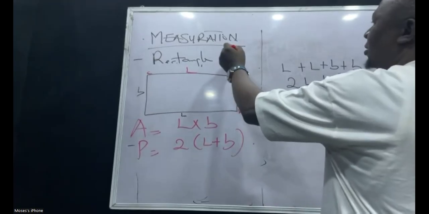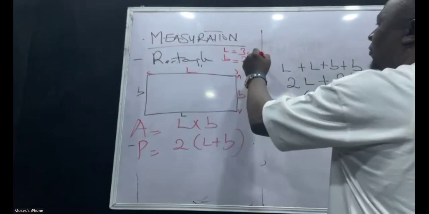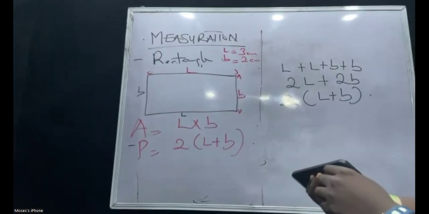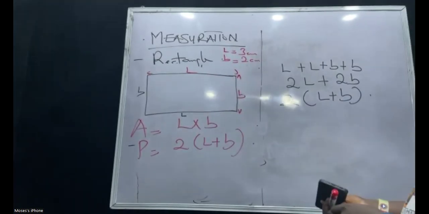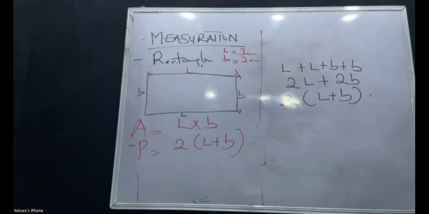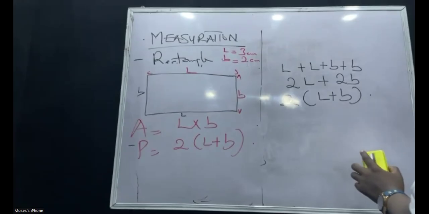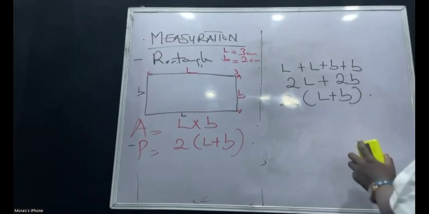L is 3 centimeters. Breadth is 2 centimeters. Find the area and the perimeter. The area is equal to 6. Perimeter is equal to 10. God bless you.